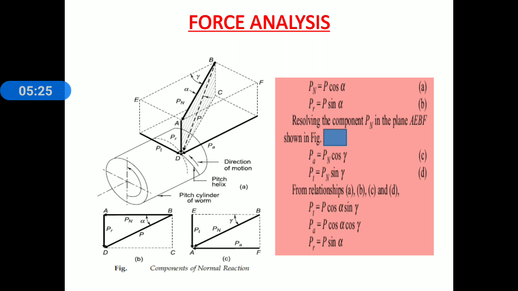Here, alpha is the normal pressure angle, while gamma is the lead angle. Note that the angle alpha is in the plane ABCD shaded by the dots, while the angle gamma is in the top plane AEBF.